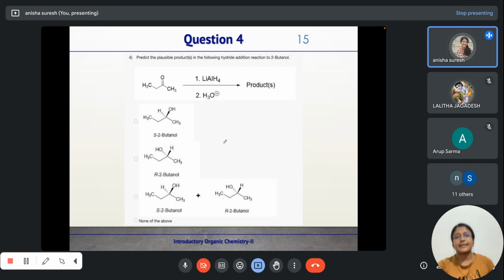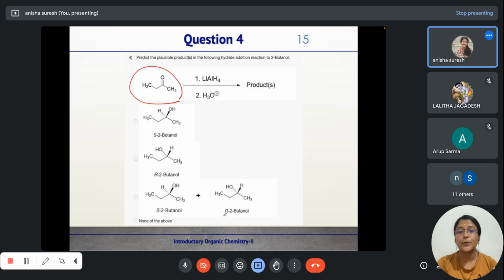Now we will move to question number 4. Here they are asking to predict the plausible products in the following hydride addition reaction to 2-butanone. We are given 2-butanone and we are treating it with lithium aluminium hydride. So what will be the product? They have given S-2-butanol, R-2-butanol, S-2-butanol plus R-2-butanol, none of the above.